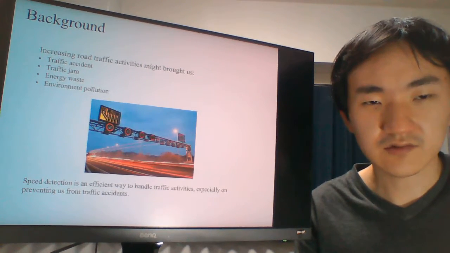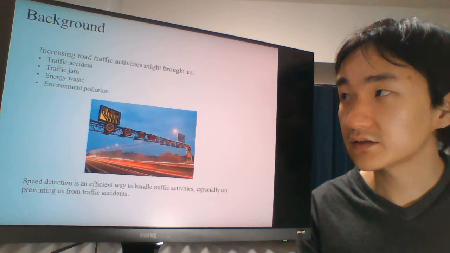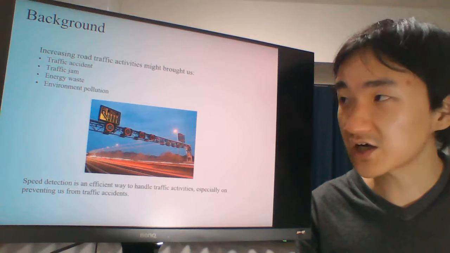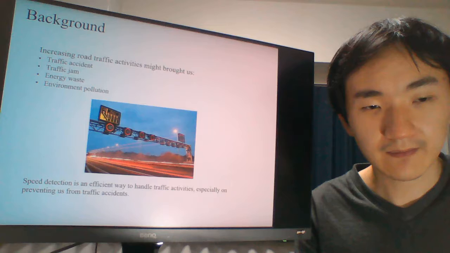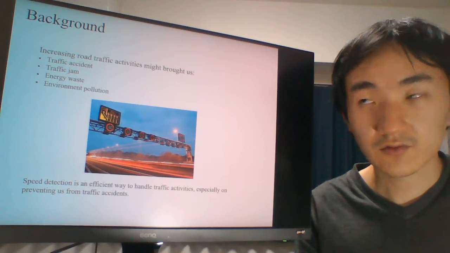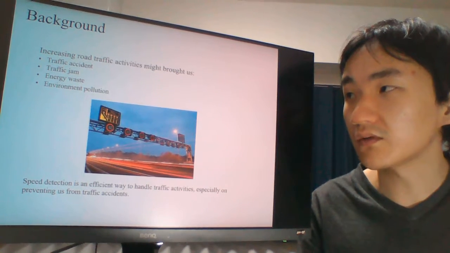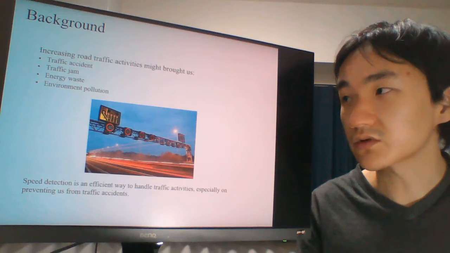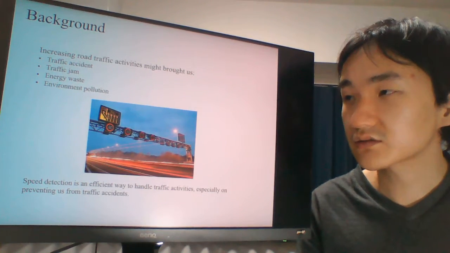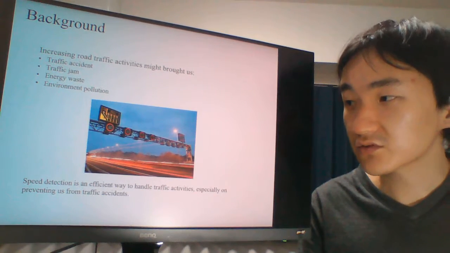Increasing road traffic activities might bring us several problems like traffic accidents, traffic jams, energy waste, and environmental pollution. To face problems like this, it's important for us to know what is going on the road, like how many cars are on the road, which direction they are heading, and the speed of the vehicles.